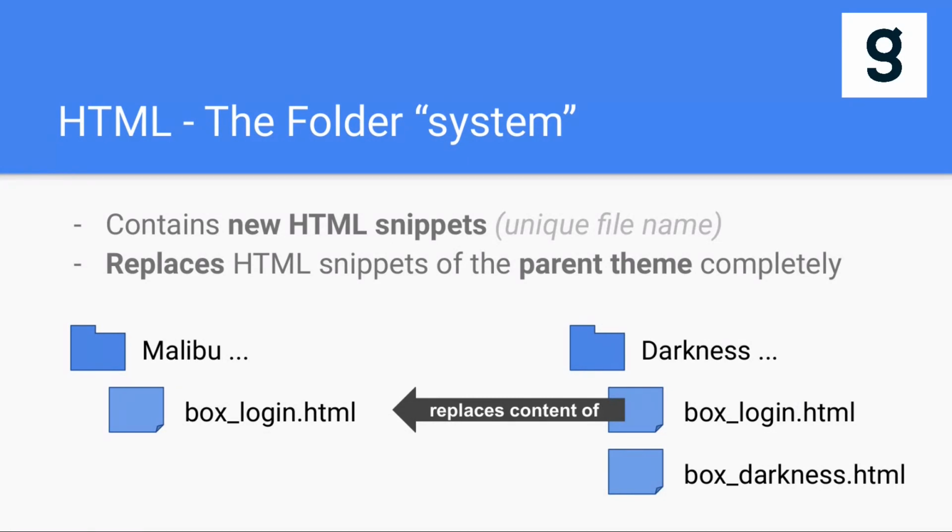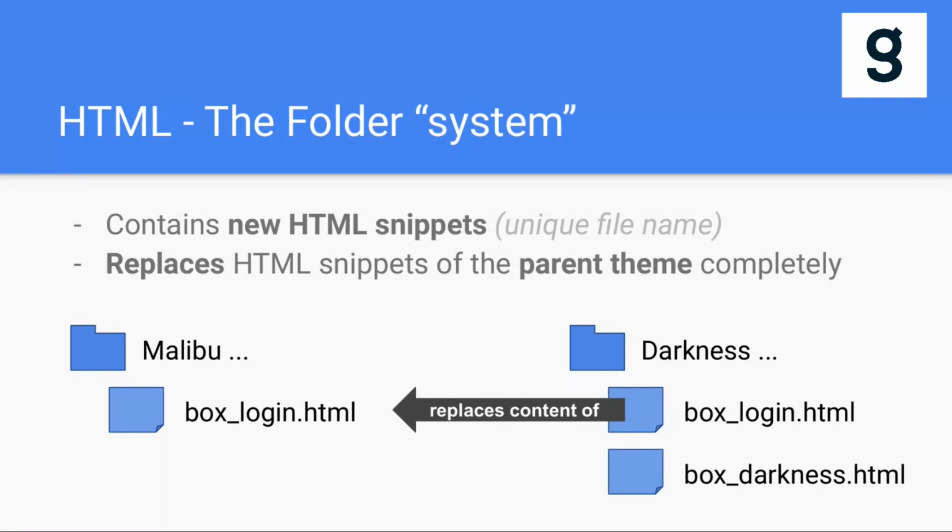In the graphic you can see Malibu also contains boxlogin.html. If we now create in our darkness theme a new file with the exact file name boxlogin.html, it will replace entirely the content of the Malibu boxlogin.html. This is very important to know.